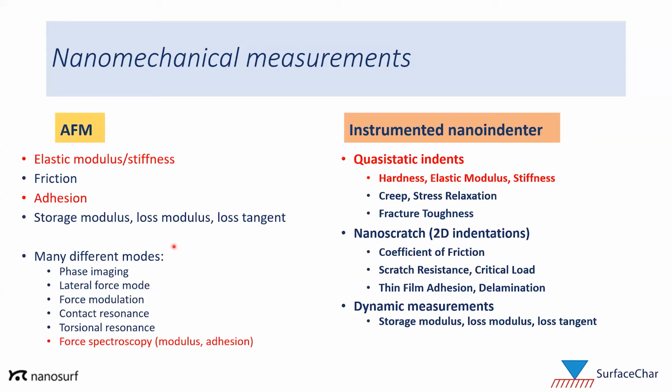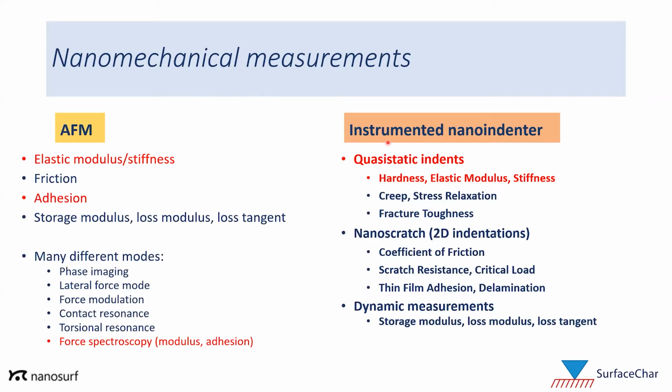And there's basically an alphabet soup variety of modes one can operate the AFM in order to measure these different properties. And the focus for today's webinar is going to be on force spectroscopy, or it's also called static force curves to measure modulus and adhesion.